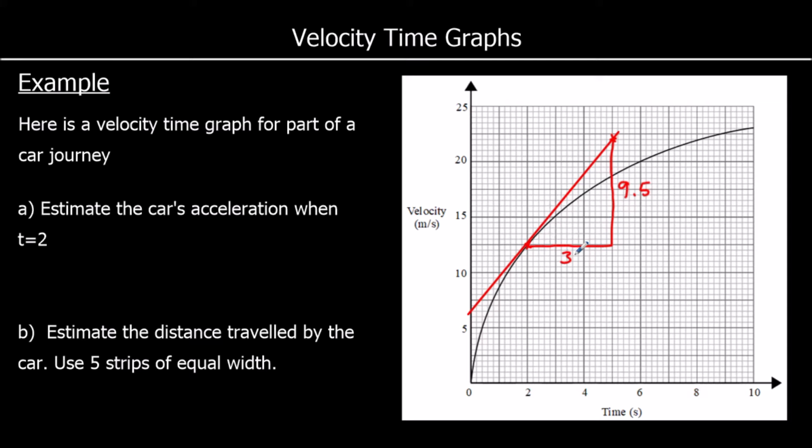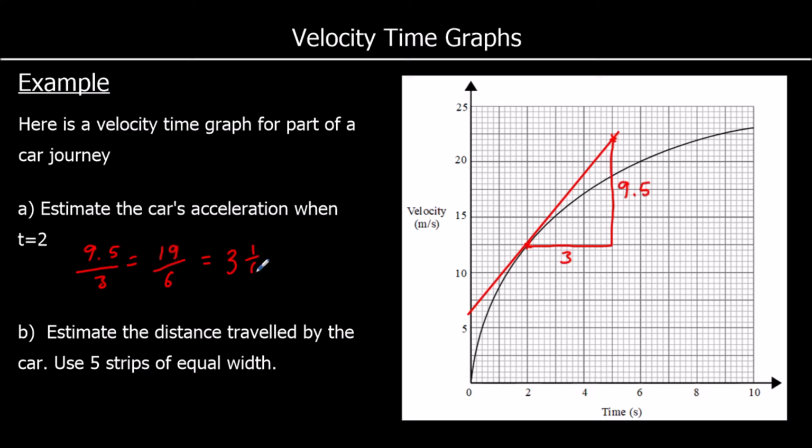So if we do 9.5 over 3, I'll just double top and bottom and write 19 over 6. So that is 3 whole ones and 1/6, or I can just write 3 and 1/6.